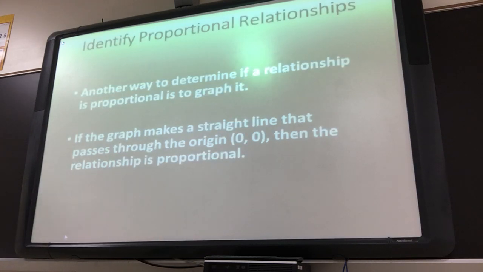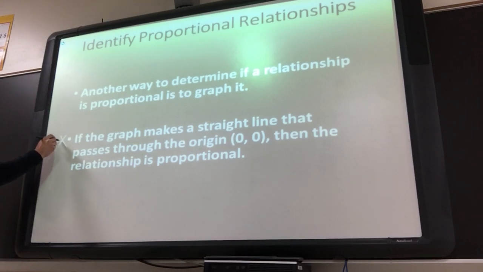So when graphing these proportional relationships, this bullet point right here, this is the important guy. If a graph makes a straight line and it goes through the origin, it's proportional.